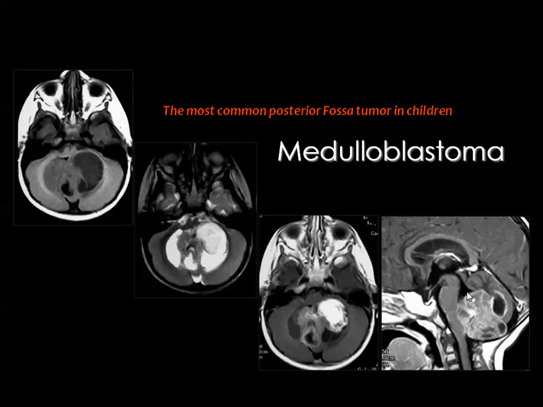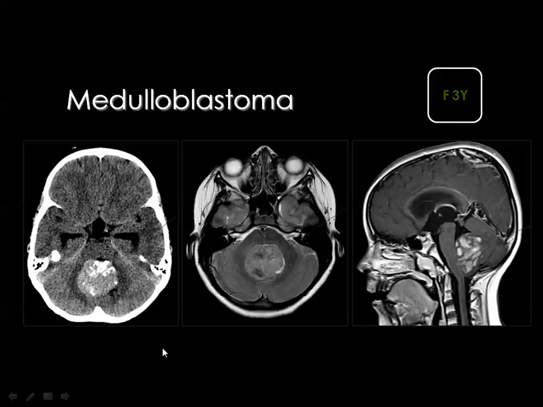Then you see calcium within the tumor. You see supratentorial hydrocephalic changes. This is MRI T2 weighted image, and you see the appearance of the lesion. And after contrast, this is sagittal T1 post contrast image showing the tumor encroaching on the fourth ventricle. And you see this sign, which I repeat, is not a solid rule as a differentiating point.